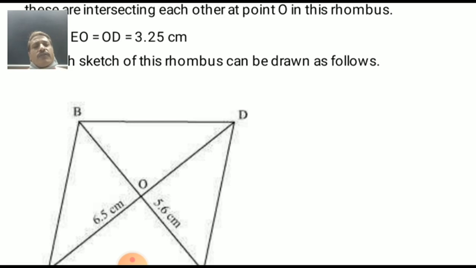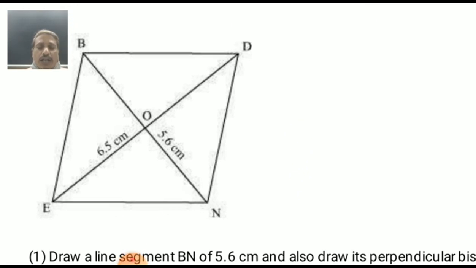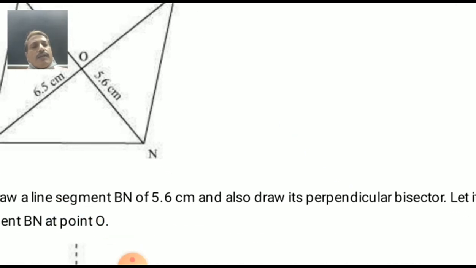In the same way, 5.6 centimeters can be got from 2.8 and 2.8. We are starting to draw the quadrilateral BEND. Draw a line segment BN of 5.6 centimeter and draw its perpendicular bisector.